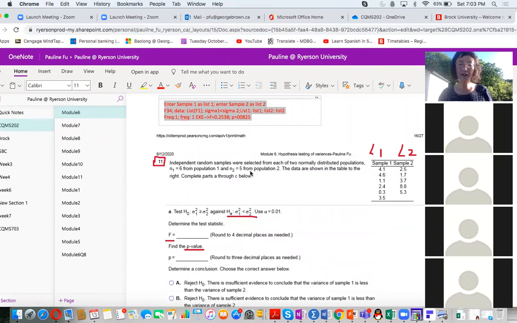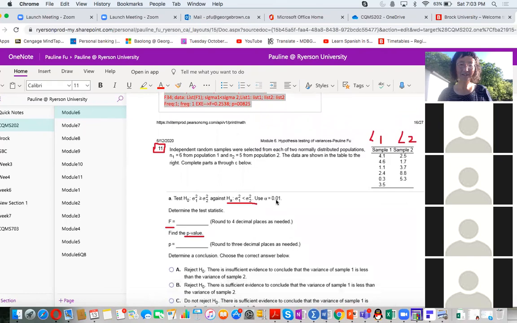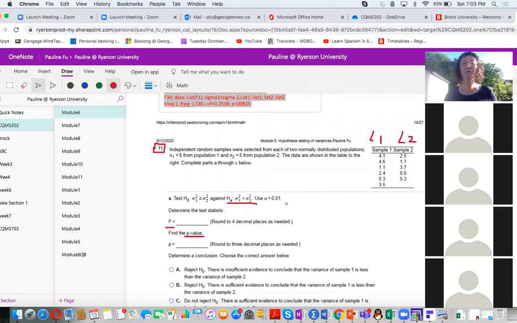Compare the p-value with alpha. Where is my alpha? Did anyone see alpha? Yes, alpha is here. See, alpha 0.01. Okay, so compare the p-value with alpha, and this p-value is obviously smaller than alpha.